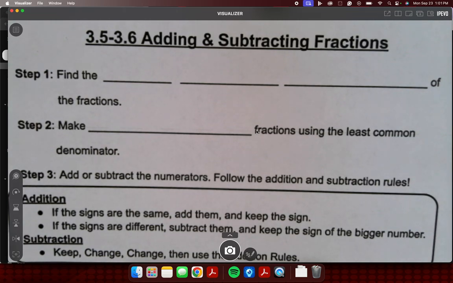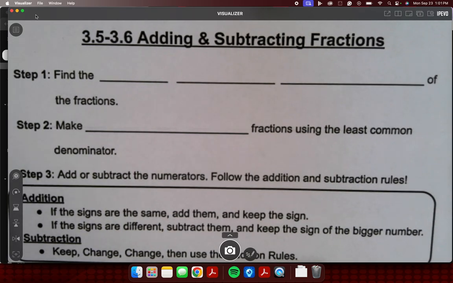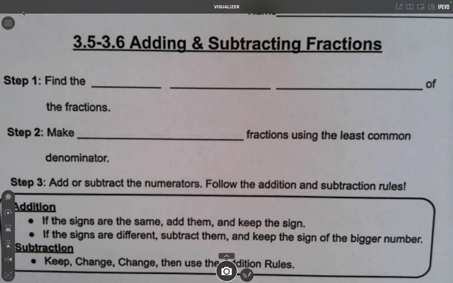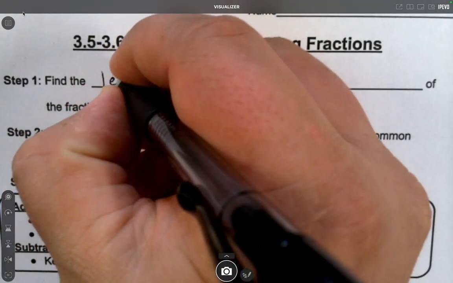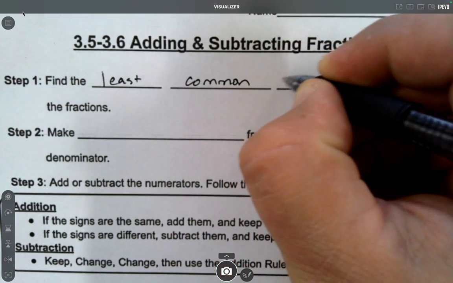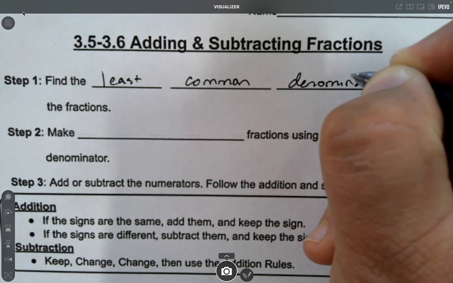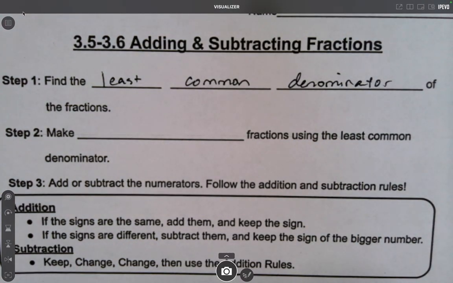The first two steps are identical to steps we did in the mixed numbers category. That's to find the least common denominator. So our first goal will be to figure out what number both denominators that we have go into evenly.